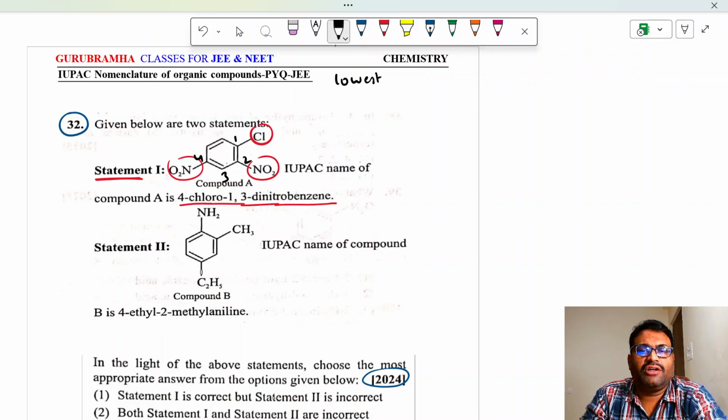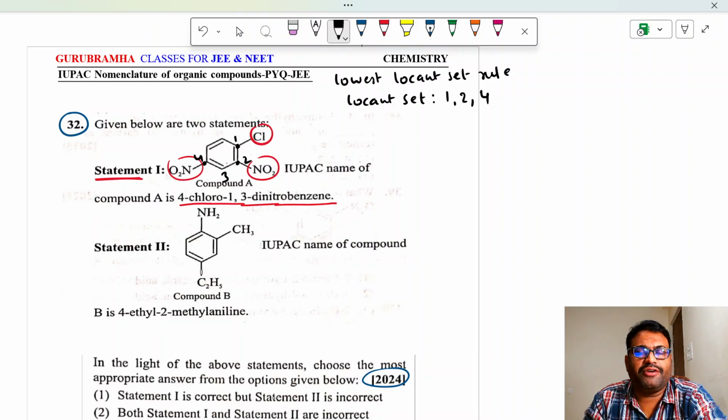Lowest locant set rule. So, you see locant sets. Here what is the locant set? 1, 2, 4. At first position we have chlorine, second position we have nitro, and fourth position we have another nitro. Another locant set, let us write.